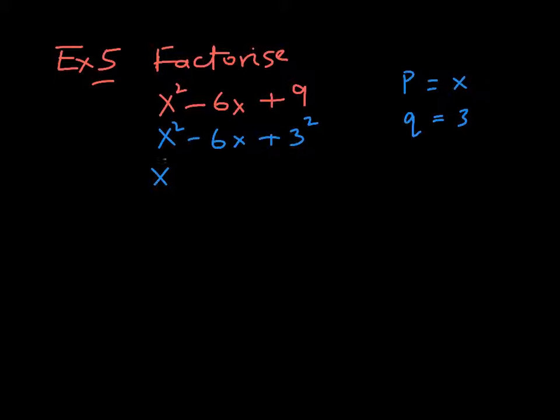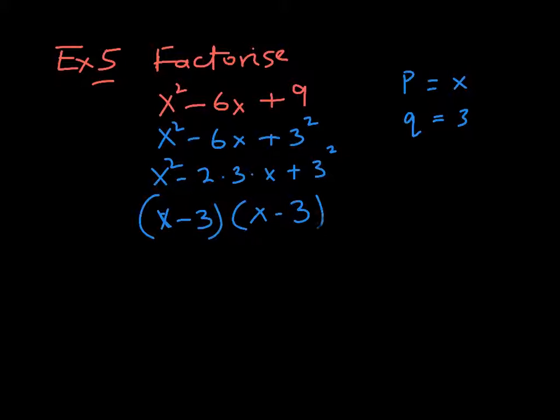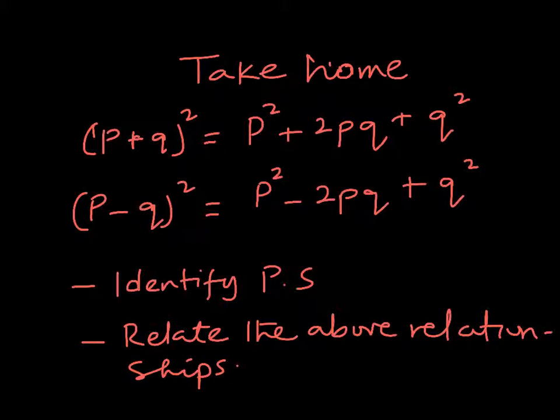So that's x squared minus 2 times 3 times x plus 3 squared. Now we can factor out, so this is going to be x minus 3 into x minus 3. We can combine the two, it becomes x minus 3 squared.